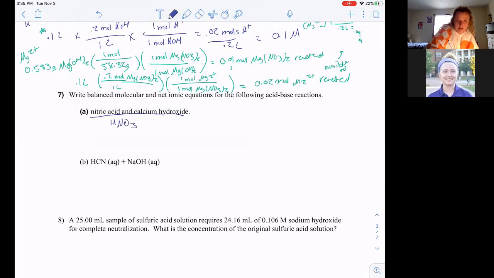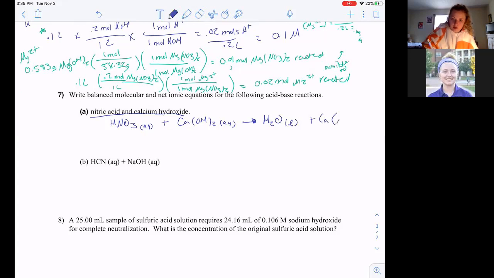HNO3, which is nitric acid, plus CaOH2, on the outside 2, which is aqueous, goes to H2O, which is always a liquid, well, not always, but it's going to be a liquid in this case. It's not going to be aqueous.